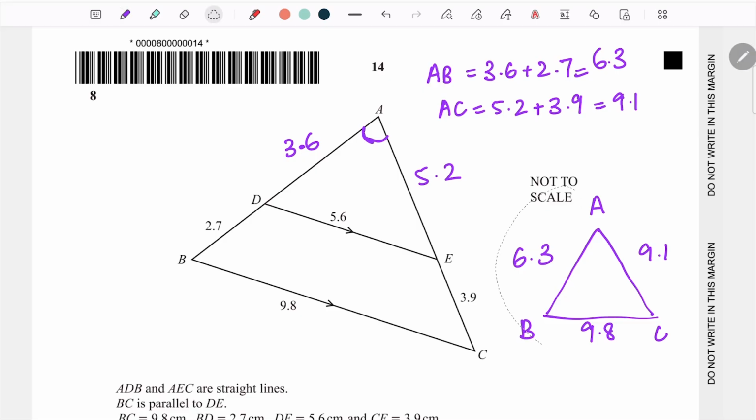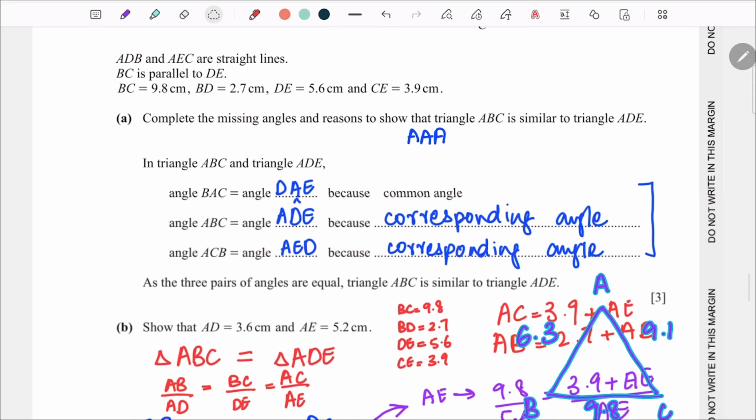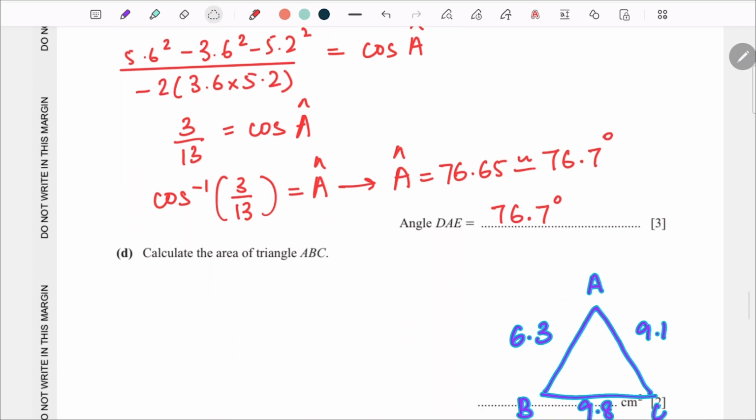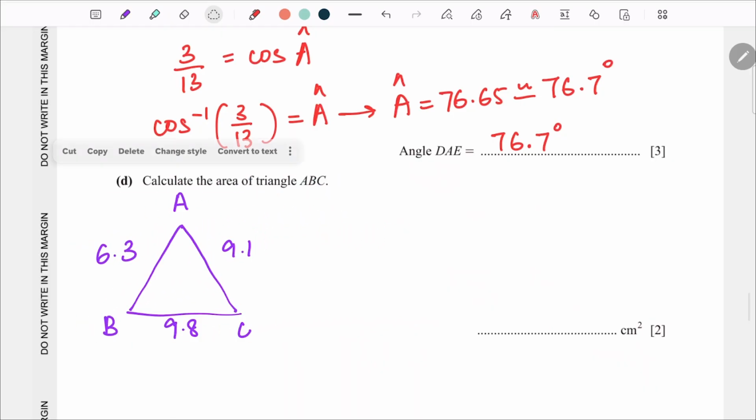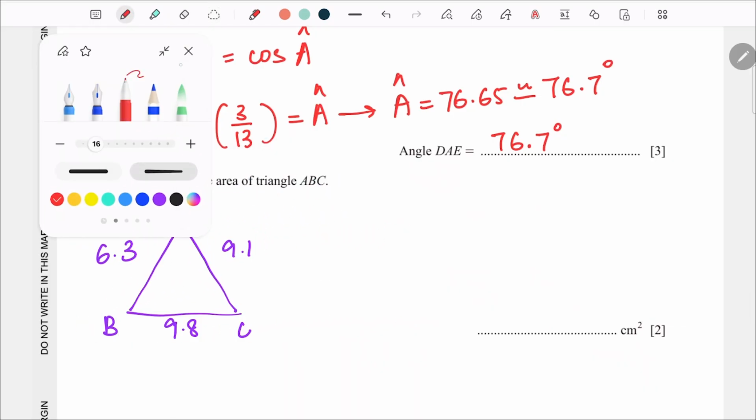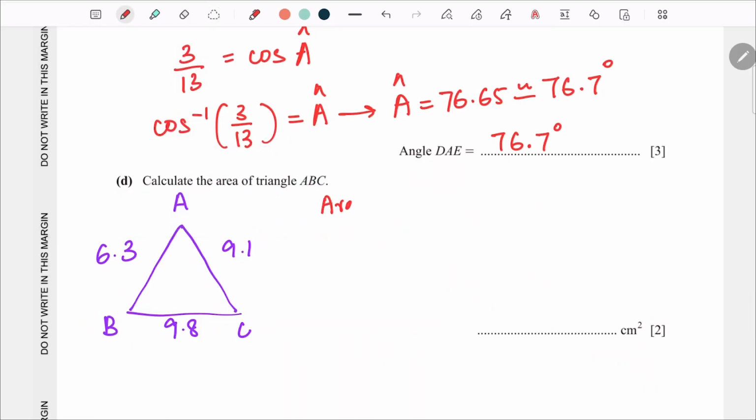I'm going to shift this triangle down to where my question is. Now I basically have to find the area of triangle ABC. Area, the formula is half into base into height.